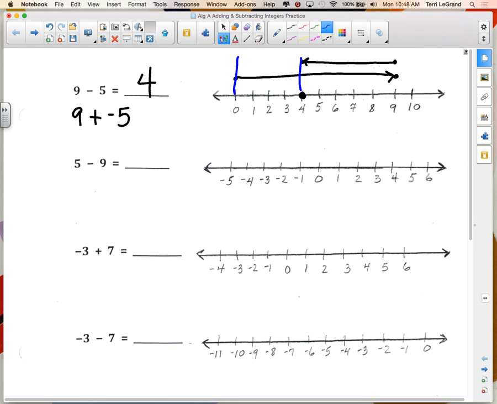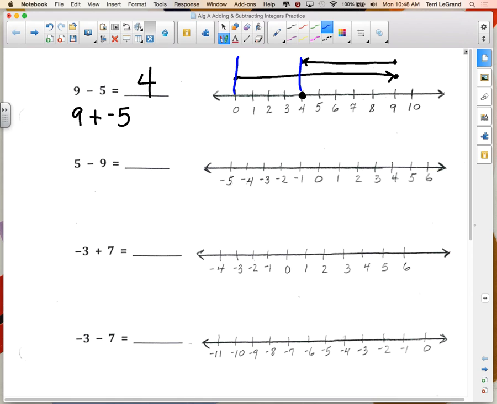It's to the right of 0. So that's why 9 take away 5 is 4. Because we go 9 in the positive direction, we come back 5 in the negative direction. We have 4 units of distance left, and that distance left is on the positive side of the number line.